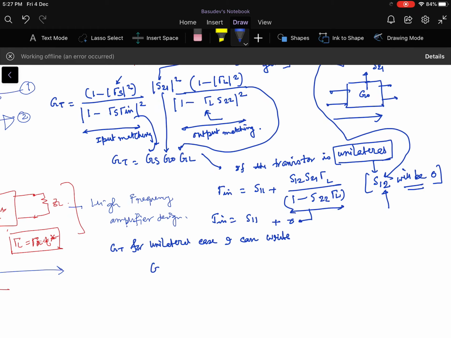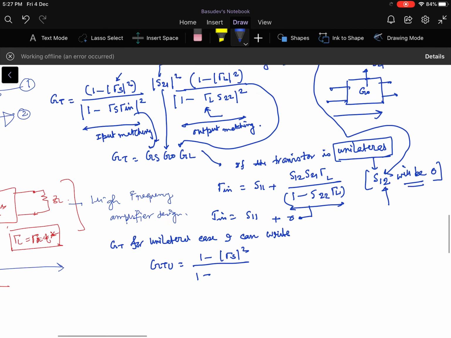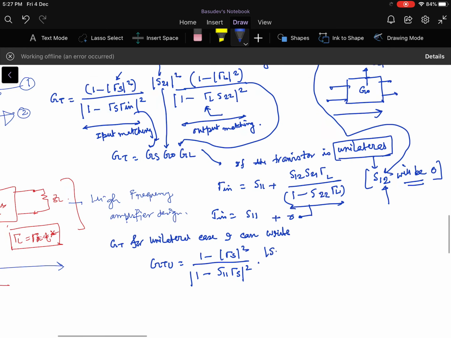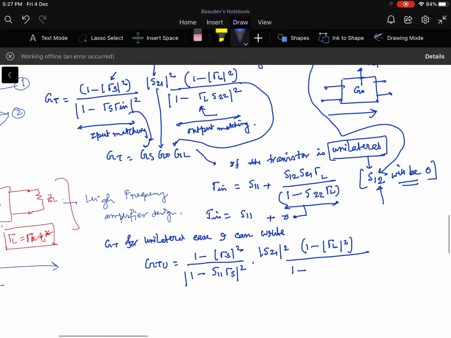It will be GTU equals (1 minus mod of tau s whole square) divided by (mod of 1 minus S11 tau s whole square), and then mod of S21 whole square, times (1 minus mod tau l whole square) divided by (mod of 1 minus S22 tau l whole square).